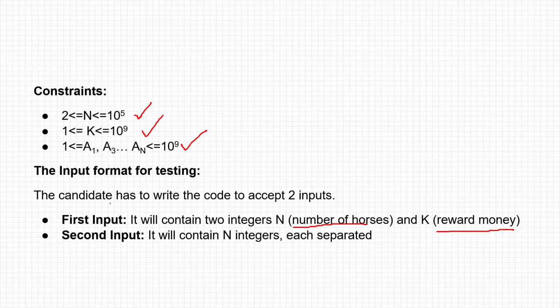The second input contains n integers, each separated. So n integers have to be given, the prices for the number of horses. So you know that you have n horses, k is the betting amount, and the array for the betting prices is given respectively. a is the array for the bet amount of each horse, the price of each horse I can say, and then the k value and the n value you also have to take as input.